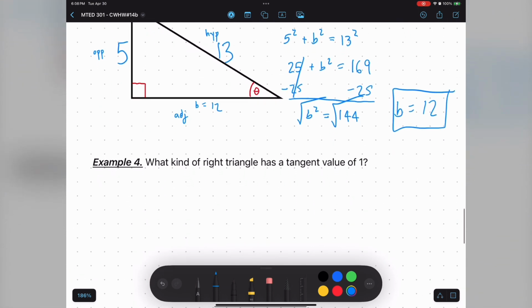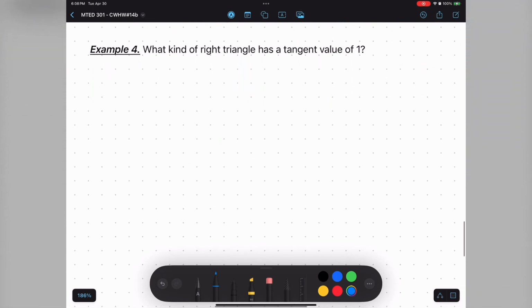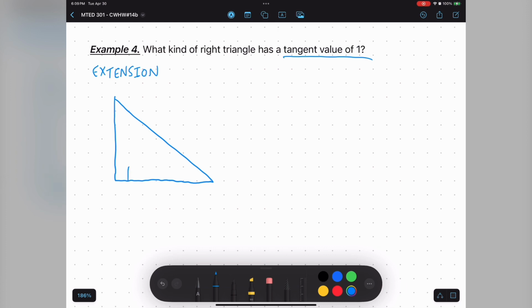So next up, we've got ourselves quite an interesting example. This one I want you to think of as an extension problem. So we've got ourselves a right triangle here, and we're given that the tangent for that right triangle is 1. So when in doubt, draw it out. So we're going to start by drawing ourselves a right triangle. There's our right angle. And let's say the angle theta is right there.